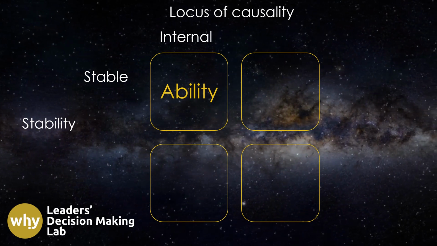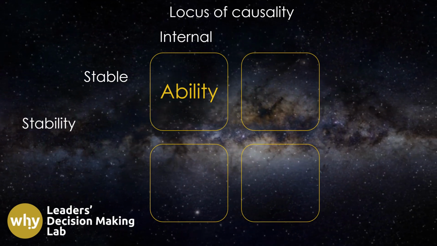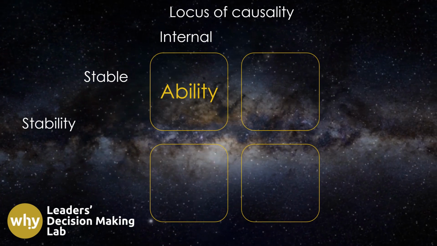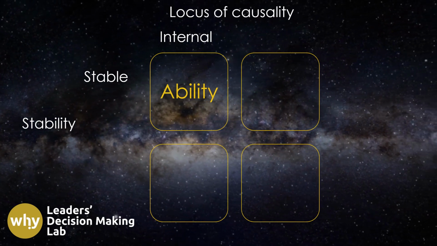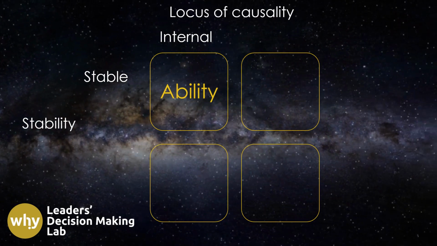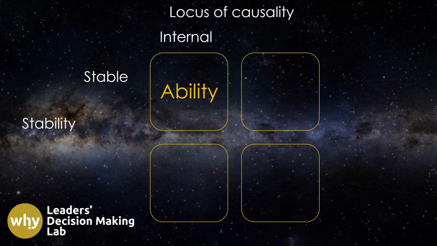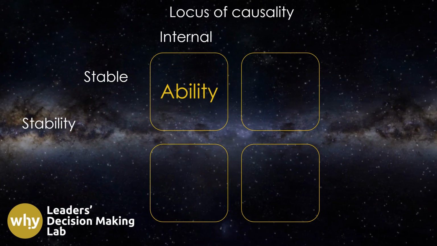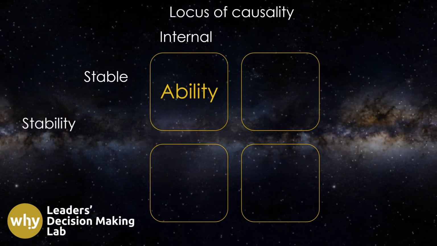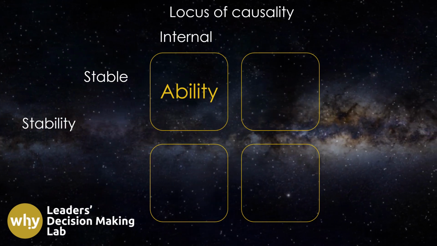First, ability is an internal and stable explanation, attributing employee performance to their inherent skills, knowledge, or talent. For example, if an employee consistently excels in a particular task, the leader may attribute it to the employee's ability to effectively use their expertise.